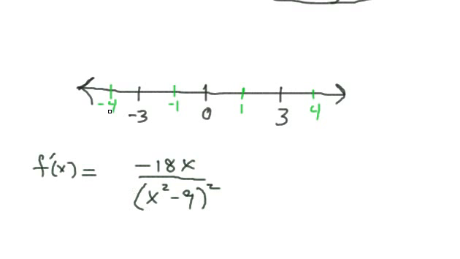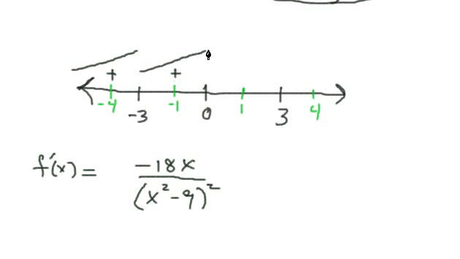So we plug negative 4 into the numerator up here, and a negative number times negative 4 is a positive number. So we know that that's positive, so I'm going to label that with a plus, and I'm going to say that it's increasing from negative infinity up to negative 3. Now we take negative 1, plug it in. We get negative 18 times negative 1, so that's a positive.